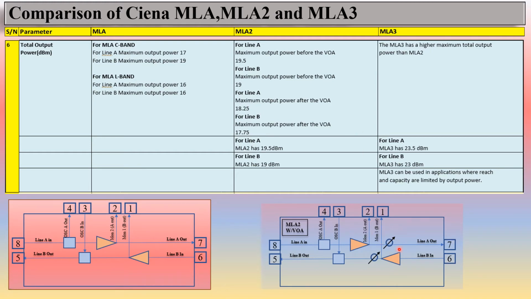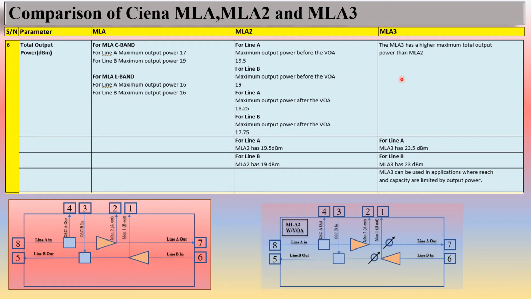So this variable optical attenuator can attenuate the power from 19.5 to 18.25. In the same case for line B, the maximum output power before the VOA is 19 and after the VOA is 17.75. And in the case of MLA2 without VOA for line A, the maximum output power is 19.5 dBm, and for line B, from port 5, the maximum output power is 19 dBm.